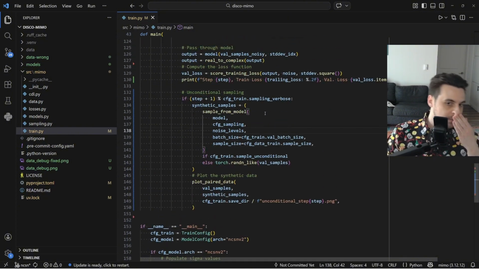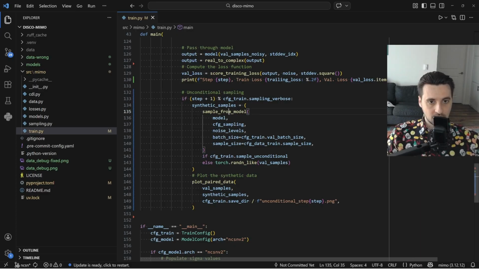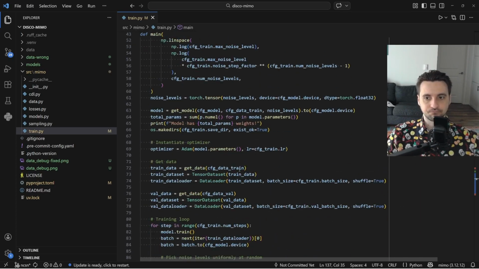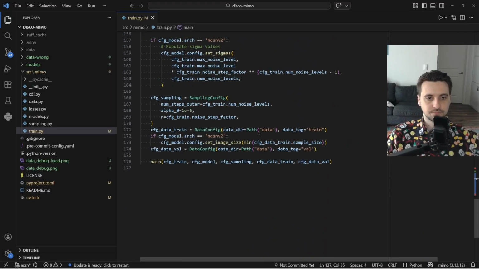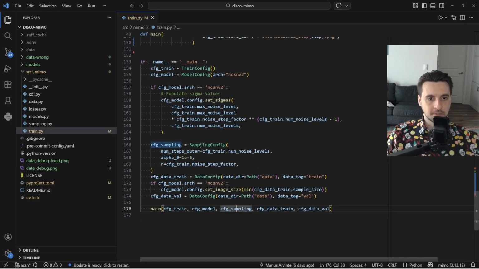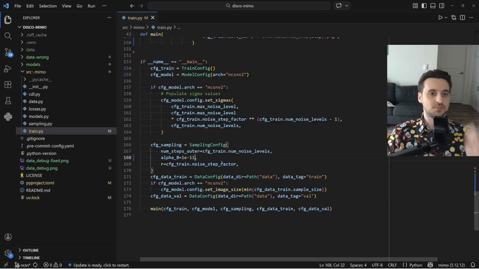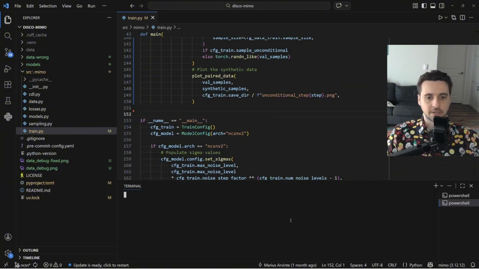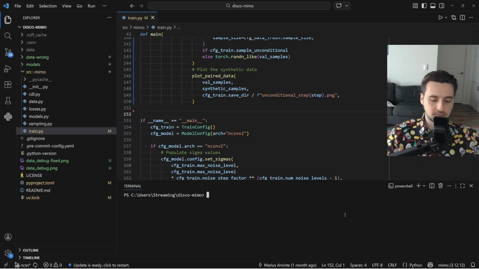So I need a step size. There it is, CFG sampling, and CFG sampling has an alpha. In our paper, we use 10 to the minus 11, so let me just do that. Okay, so this should clean it up a bit.